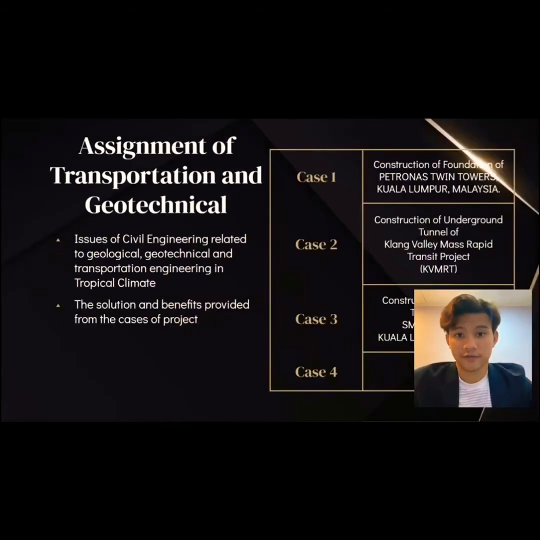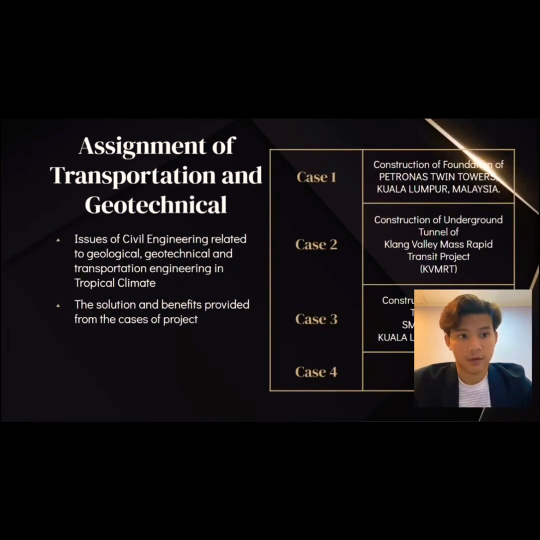So after the subfield, we will go further on the assignment of transportation and geotechnical engineering. We will touch on the issues of civil engineering that are related to geological, geotechnical, and transportation engineering in tropical climate. So actually we will talk about 4 cases of project. Project number 1 is about construction of foundation in Petronas Twin Tower, KLCC in Malaysia.